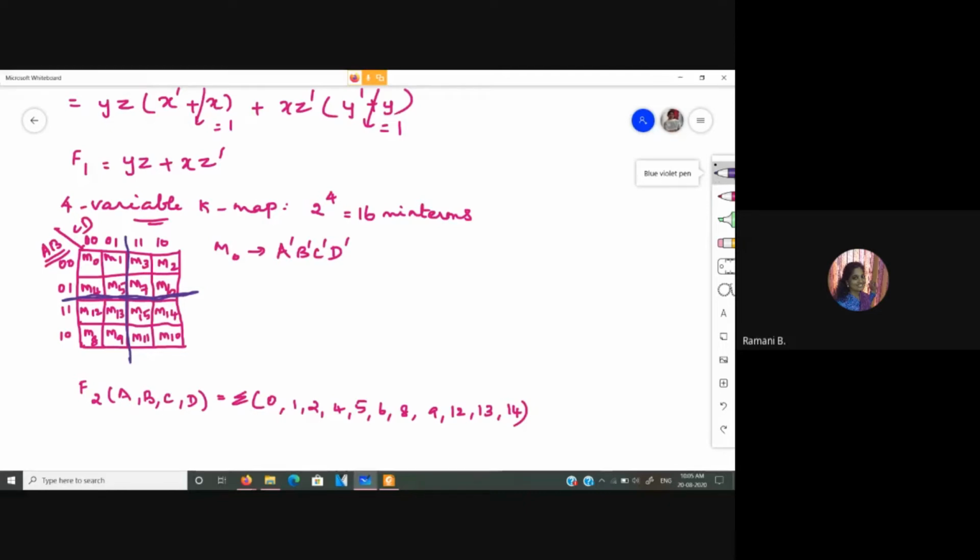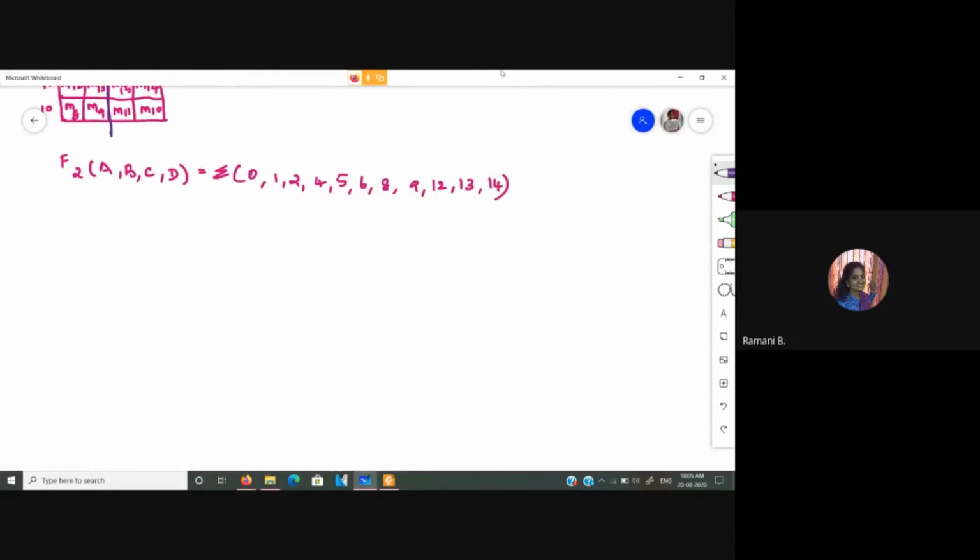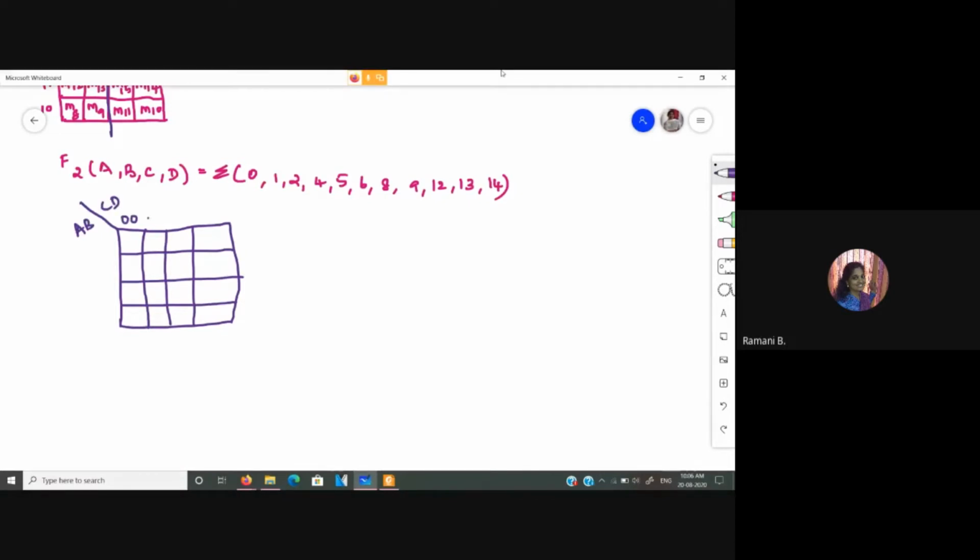So let us see this particular example. So here you are given with the variables A, B, C, D, 0, 0, 0, 1, 1, 1, 1, 0, 0, 0, 0, 1, 1, 1, 1, 0.